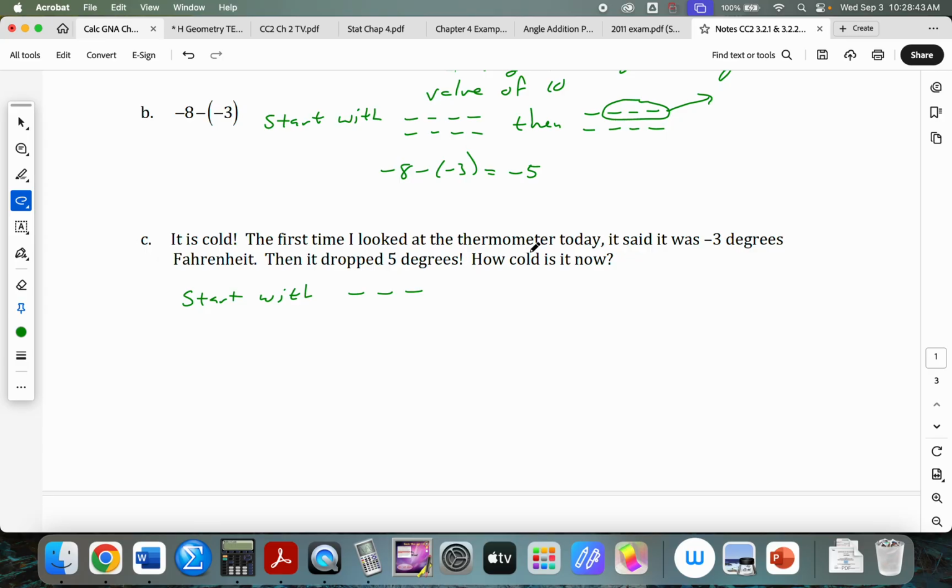It says it dropped 5 degrees. Well, that means it didn't say it dropped -5 degrees, did it? No. So I need to have 5 positives that I can remove. But if I have those 5 positives, is this equal to -3 anymore? No. So I also need 5 negatives so that I can remove those 5 positives.